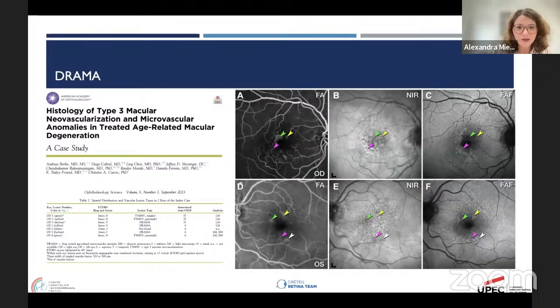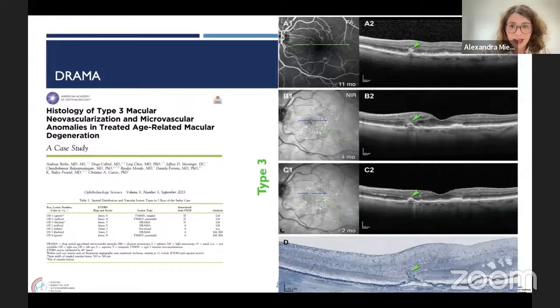And this is a case study from Christine Corsio's team and Andreas Berlin, which very nicely shows a patient who has had bilateral type 3 macular neovascularization and has had both type 3 macular neovascularization, with the green arrows, but also DRAMA lesions, with the yellow and pink arrows. And if we look, for instance, at his left eye, we can see on OCT that there is a small type 3 neovascularization developing here.